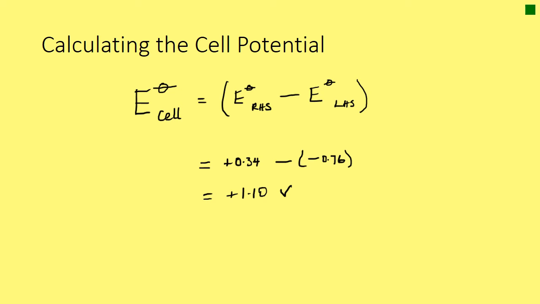Then minus the electrode potential of the left hand side, the zinc, which was minus 0.76. That works out at plus 1.10 volts, and that is the electrode potential of the zinc copper cell. It's a galvanic cell under standard conditions.